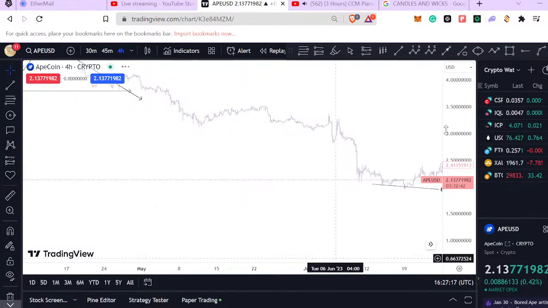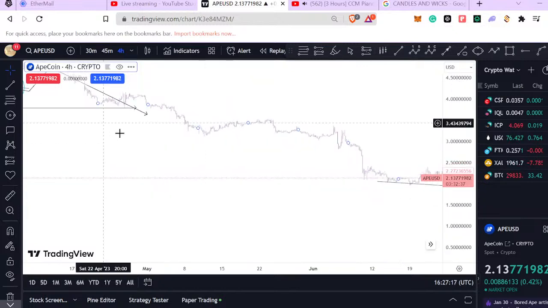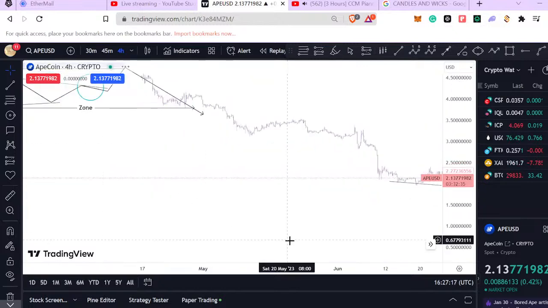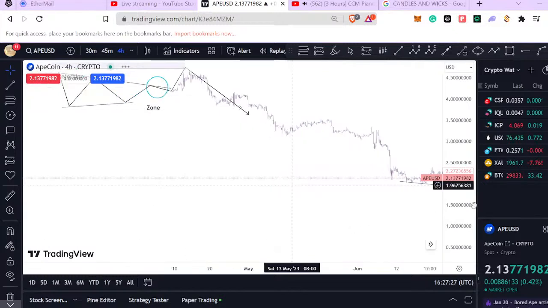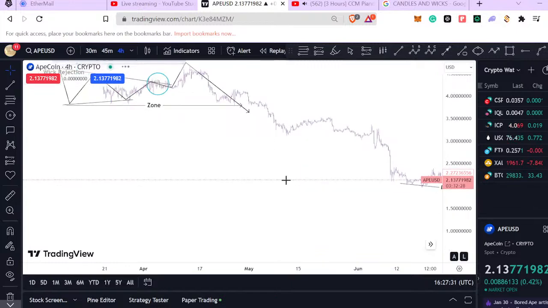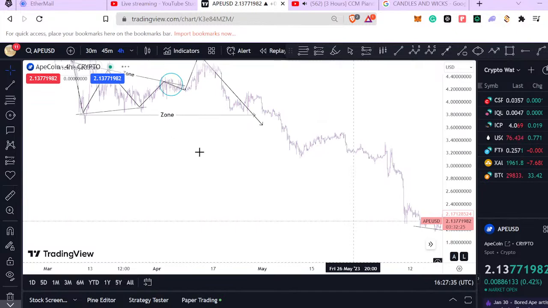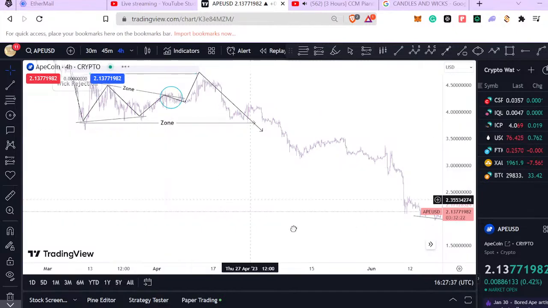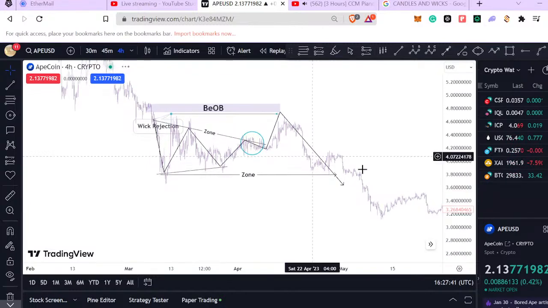That was a triangular pattern. I'm gonna be done in 2 minutes, right? I hope it makes sense, right? This is a triangular pattern.